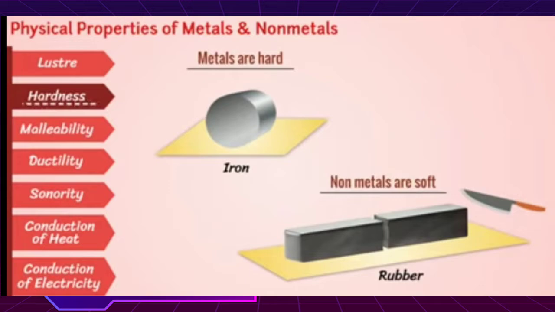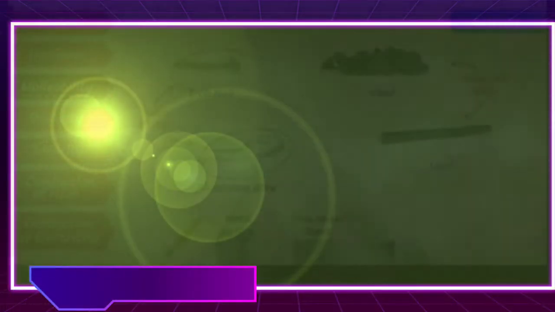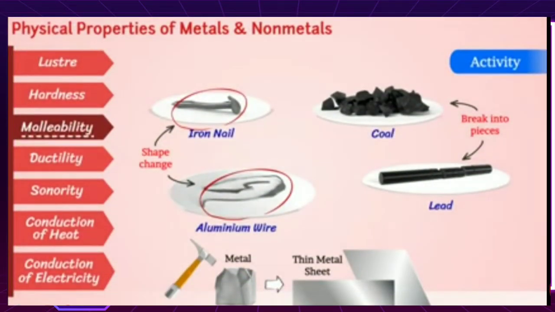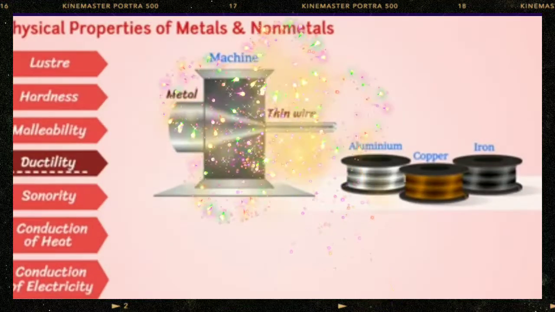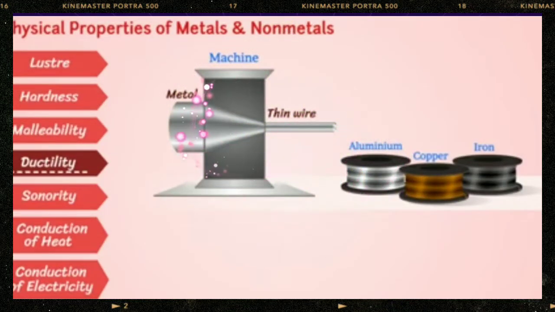See the third property, that is malleability. Metals are malleable, whereas non-metals are not malleable. See the fourth property, ductility.